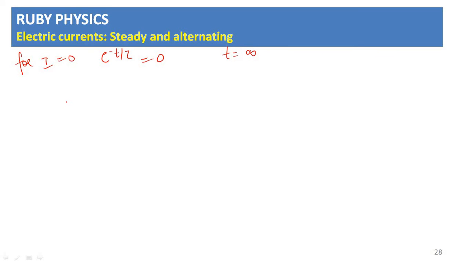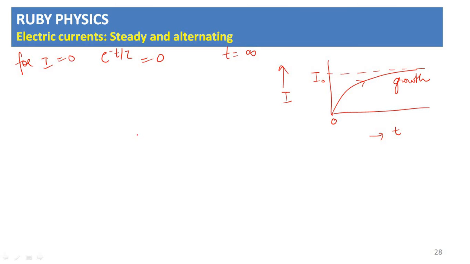So you can say that the current in an LR circuit would attain the maximum value only after infinite time. However, practically we have seen that the current reaches its maximum value after a time which is roughly half the value of the time constant. So the growth curve can be shown like this. This is the maximum value of current, this is I₀, and this is the variation of I with time. This is the growth.